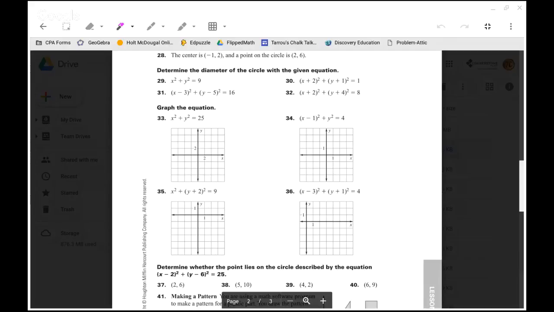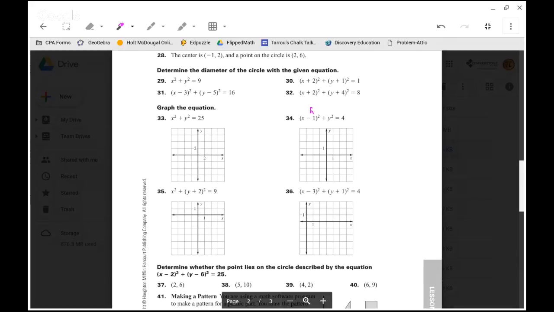Okay, so tell me what your center is. No, the center on that one's not 0, 0. So look, your center is H, K, right?